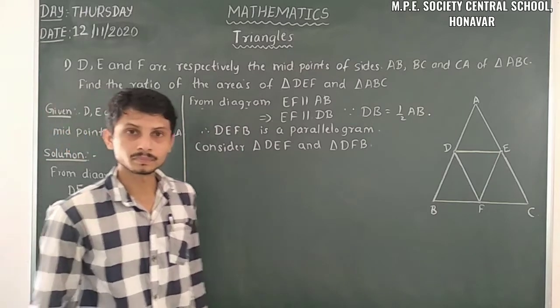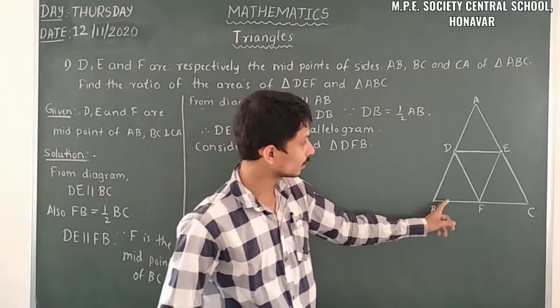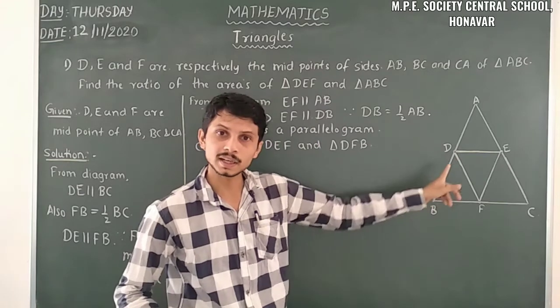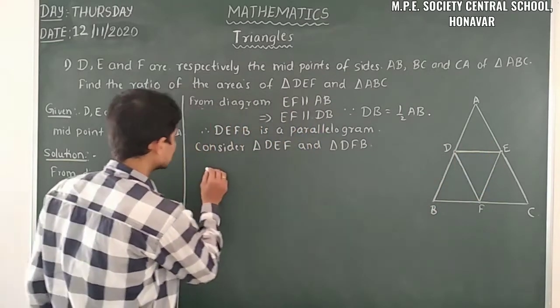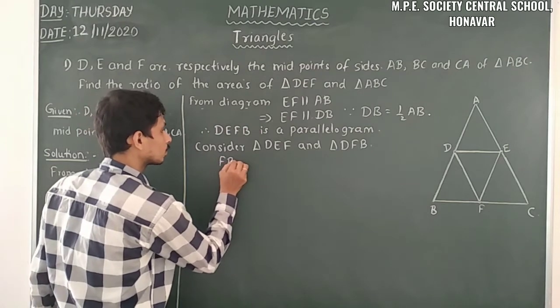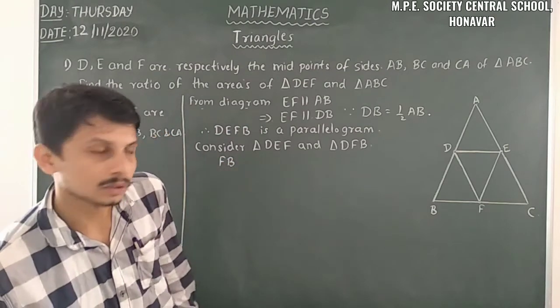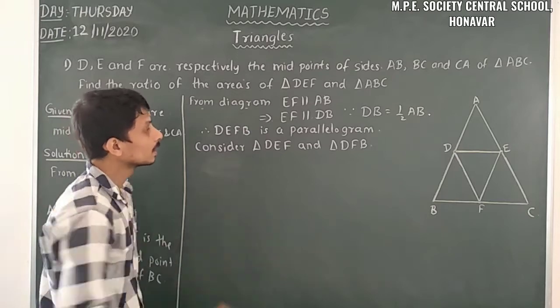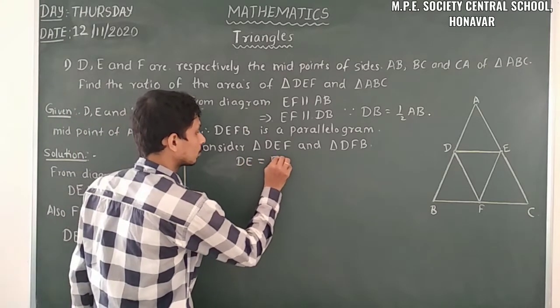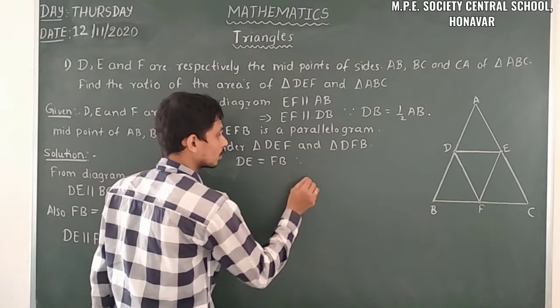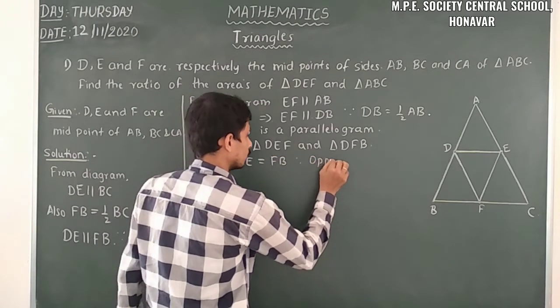In a parallelogram, opposite sides are equal. So FB is equal to DE, because they are opposite sides.